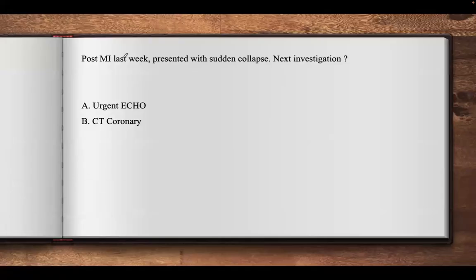Next question is, so this patient had a post MI, post myocardial infarction last week, presented with sudden collapse. Next investigation: urgent echo or CT coronary artery or CT coronary angiogram.